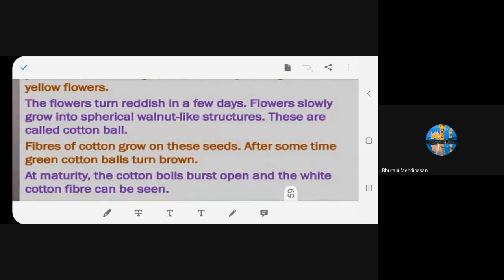And when it is matured, that means it is ready for harvest. At that time, these cotton balls burst open, and out of that we get this white cotton fiber.